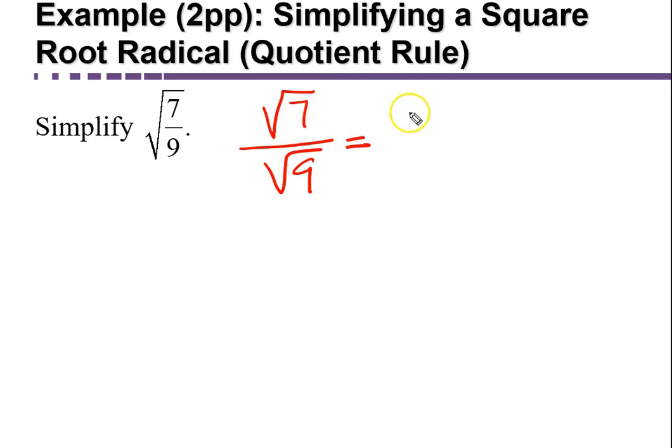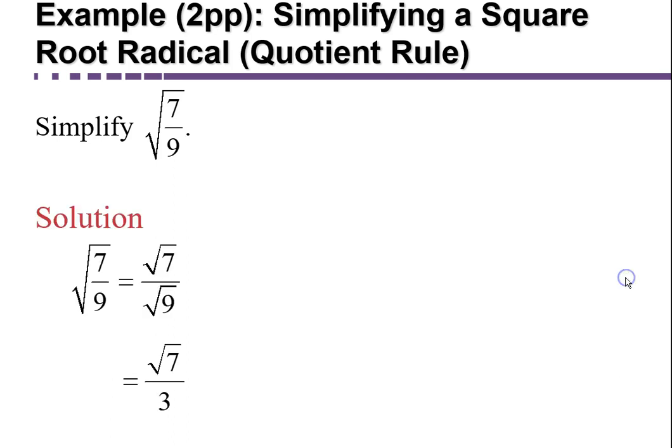So the square root of 7 is irrational, but the square root of 9, the operation takes us to 3. Square root of 9 is 3. So now you do not have a radical in the denominator. You have simplified that. And to check it out, here we go.